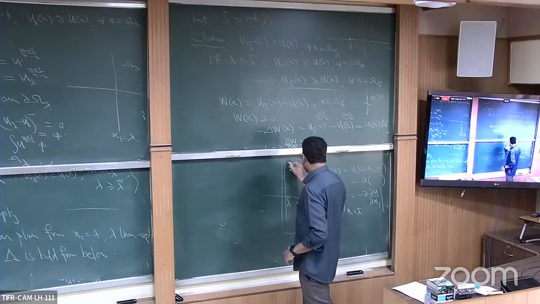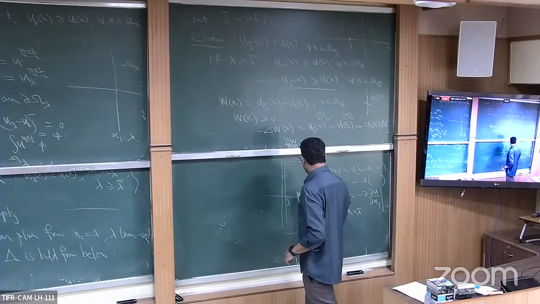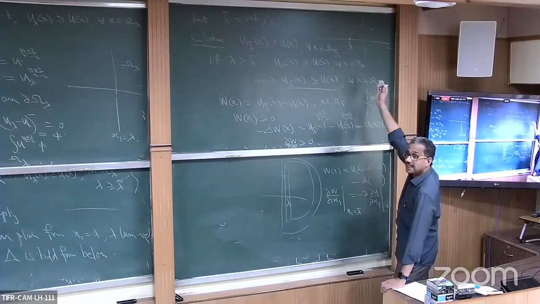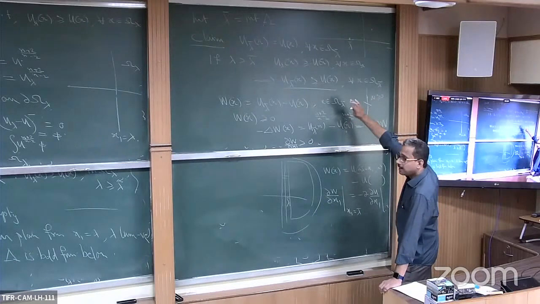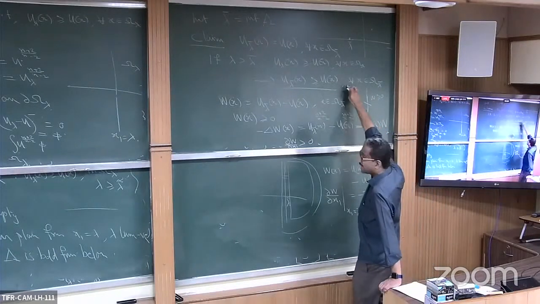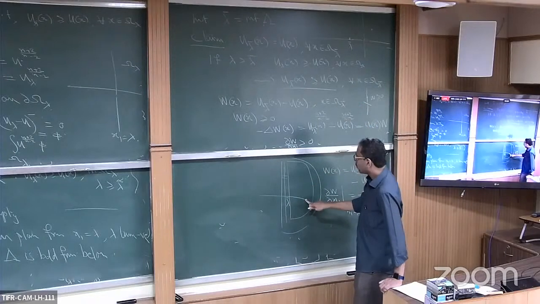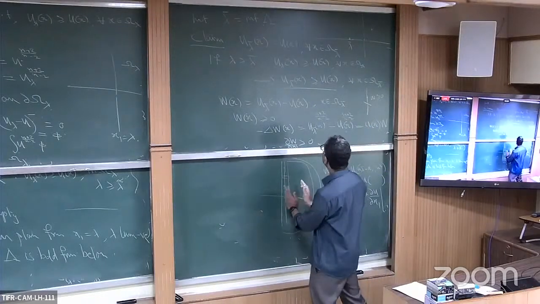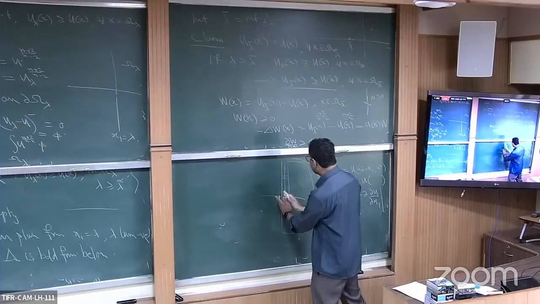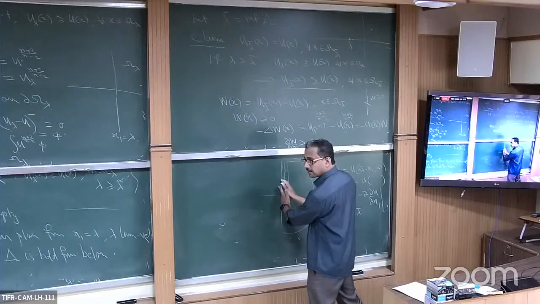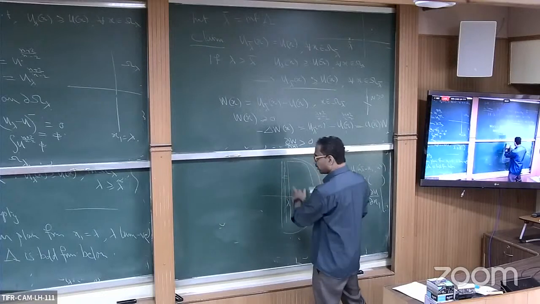And now once you have this, you can go somewhere inside here on a compact set where I know that my w was strictly greater than 0. Okay, that means u lambda was strictly greater than u on this compact set. And now these things are continuous in lambda. So you have to choose this line such that whenever you reflect along some lines to the other side, it is going to be positive here.